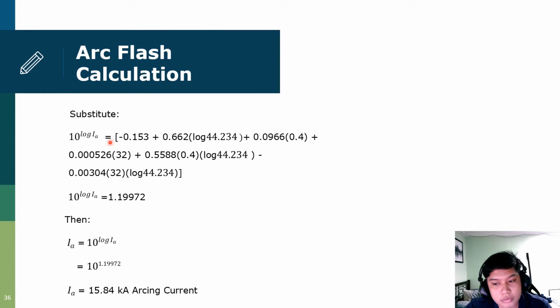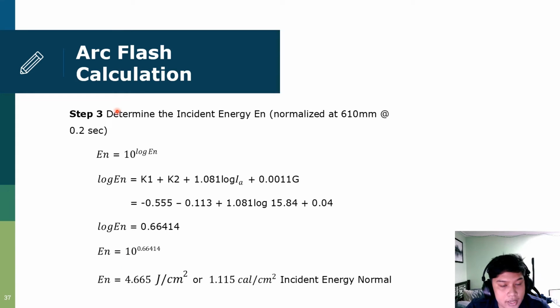Now we substitute the variables to the formula. We have the result of 1.19972. Substitute this value to the previous formula, which is this one. We have 10 raised to 1.19972, our arc current is 15.84 kiloampere. Next step, we determine the incident energy En. So this is the formula.